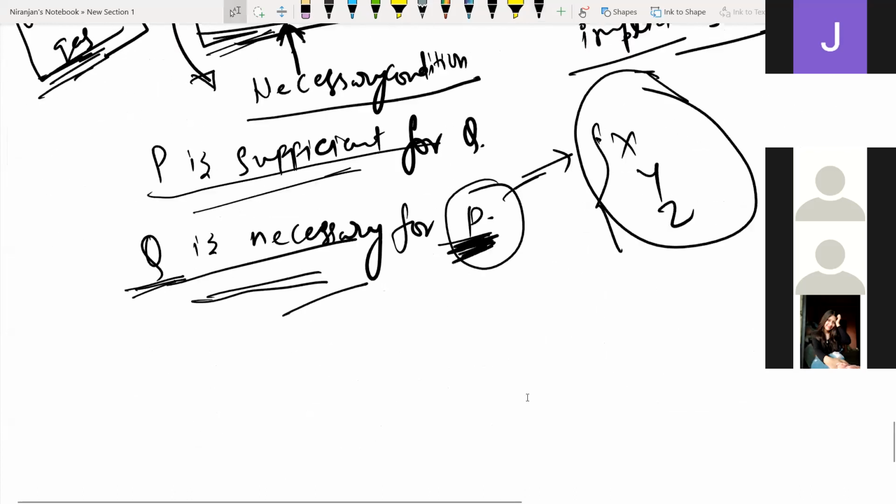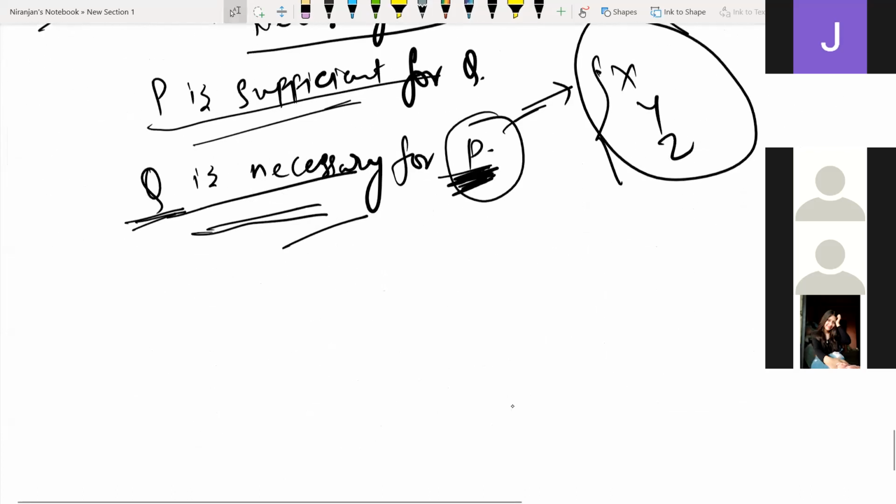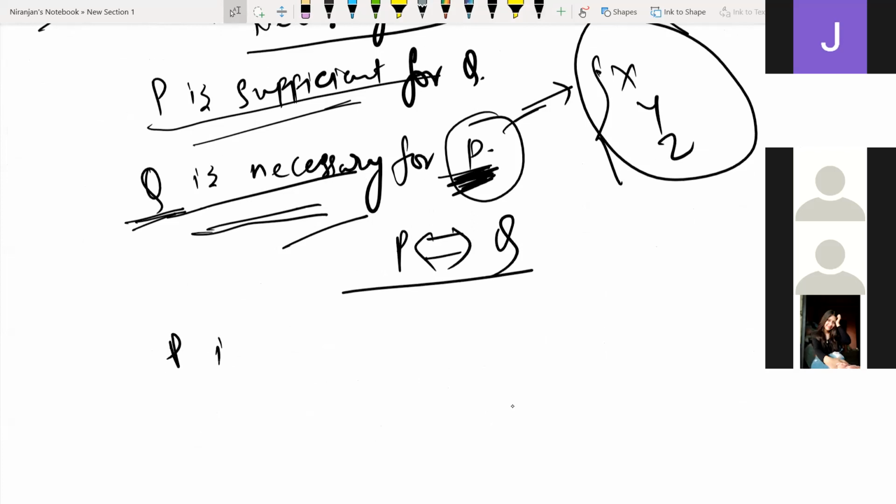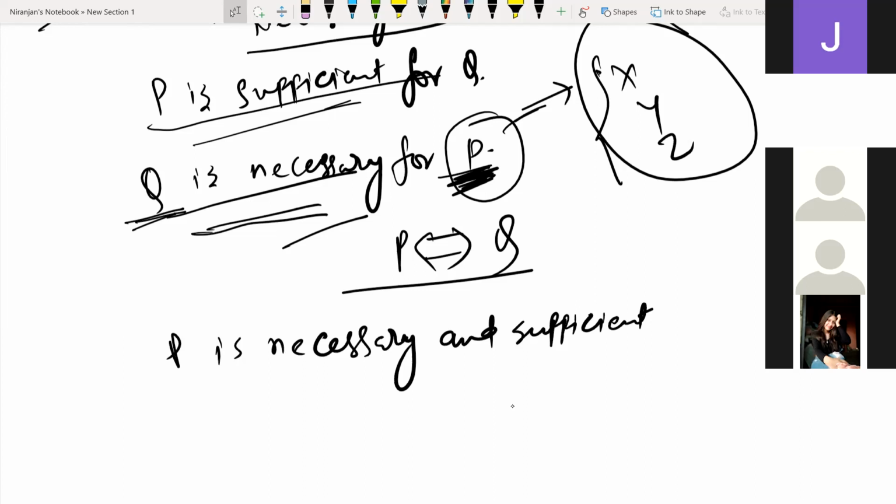And when you have biconditional, that means double implication. So can we go ahead. What's the question? I'm not able to hear. So I'm understanding it this way, that Q is necessary.